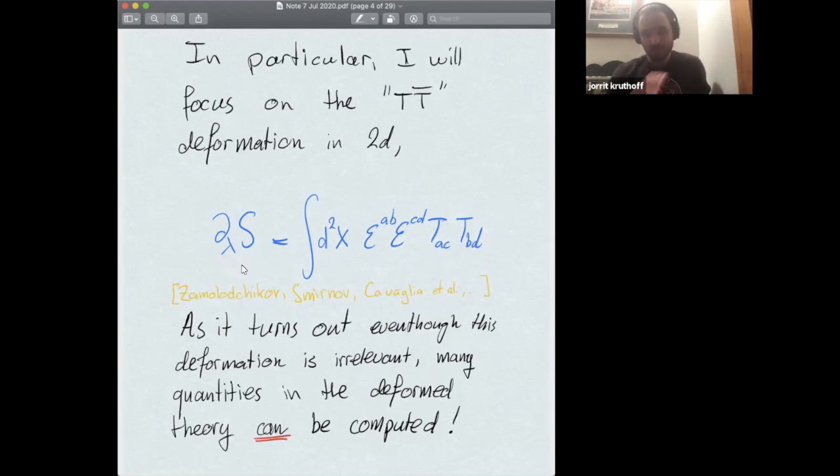And with this particular definition, this particular flow, we can compute various quantities in the deformed theory non-perturbatively in the coupling lambda.